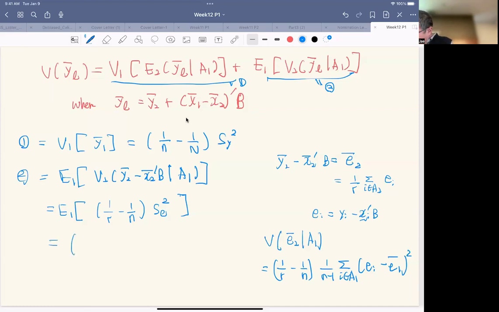Then R and N are all fixed. This is a sample S squared, and the expected value of the sample S squared under simple random sampling is the population S squared. So this is actually the population S squared.